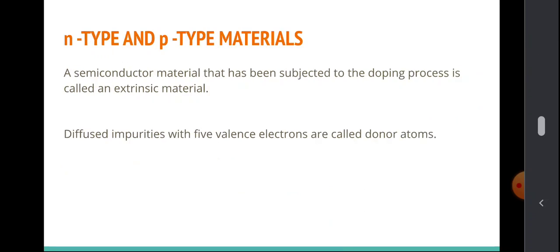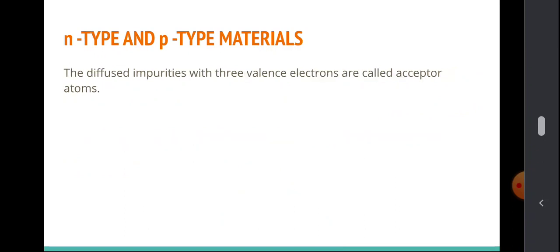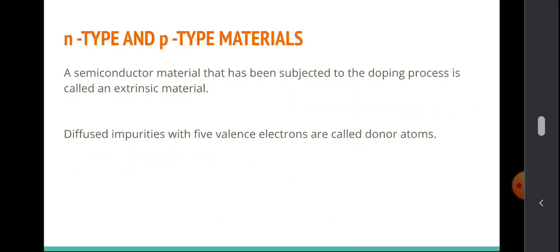Okay, there are N-type and P-type materials that are used in making a semiconductor. A semiconductor material that has been subjected to the doping process is called an extrinsic material. Diffused impurities with 5 valence electrons are called donor atoms. Diffused impurities with 3 valence electrons are called acceptor atoms. So let's go back here.